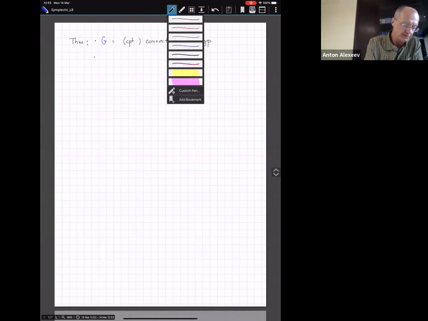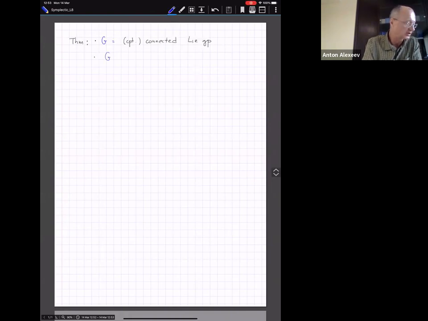And then we have a Hamiltonian G space with a moment map, mu.